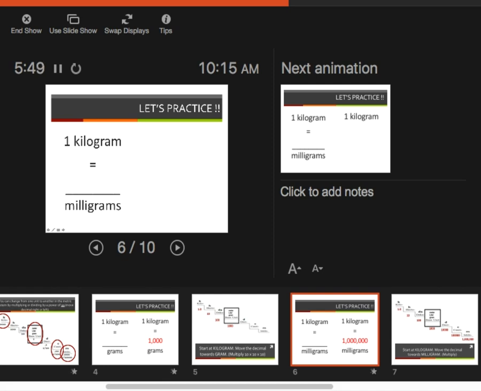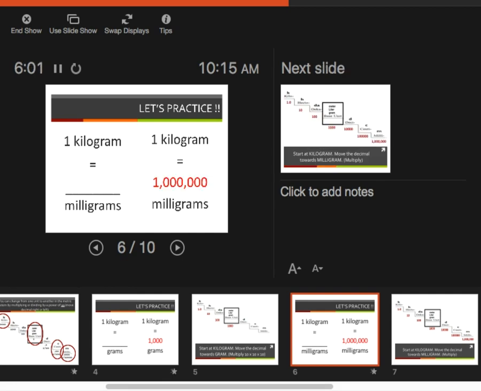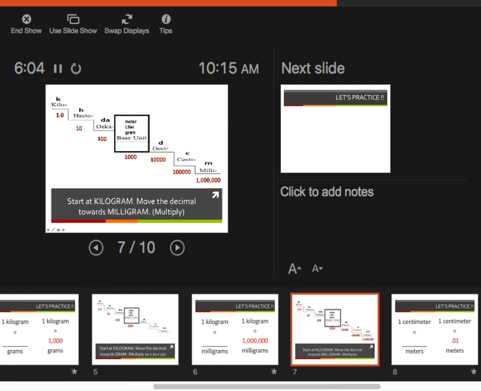Same 1 kilogram, but now I want to know how many milligrams that is. Did you guess a million? 1 kilogram is 1 million milligrams. Let's take a look. Again, we want to start with kilo, but this time we're headed all the way down to milli. What direction are we going in? To the right, but how many times? 1, 2, 3, 4, 5, 6.